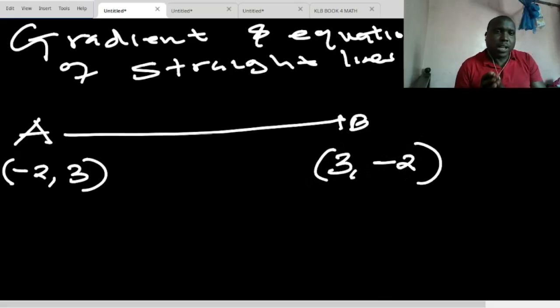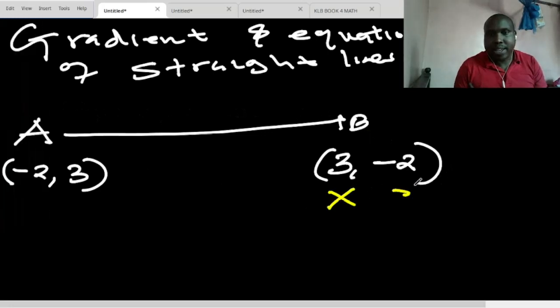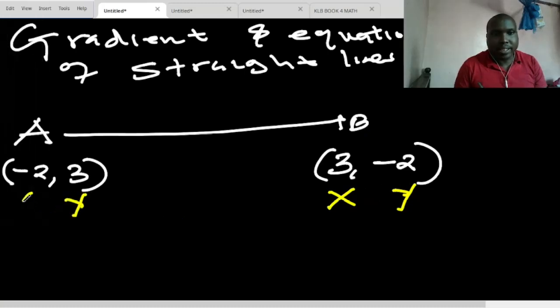In form 1 it is taught that a coordinate has the first one as X and the second one as Y. So as a form 4 student, you need to know that this is X and this is Y. So how do you get the gradient of this line?